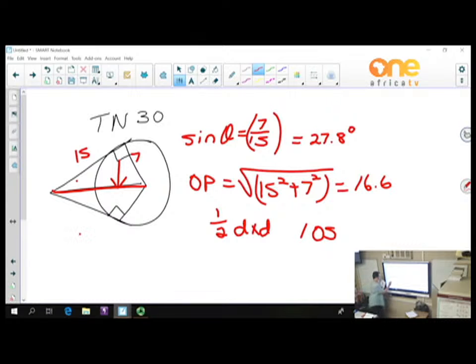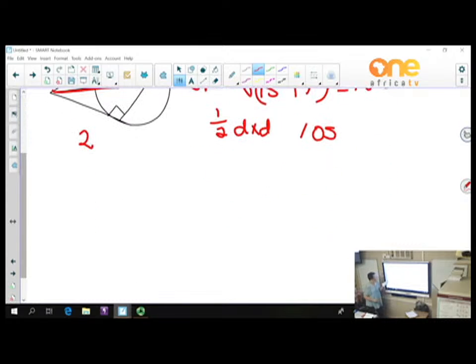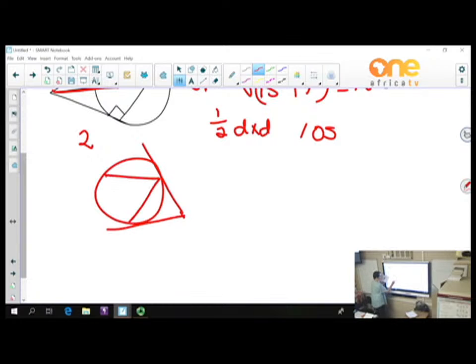Okay, question 2. So there we have another circle. It's again about the tangent. There are the two tangents coming to that triangle there. Given that PA and PB are tangents to the circle, find X and Y. So we know this one is 70 degrees.